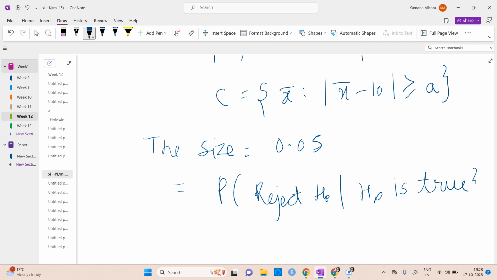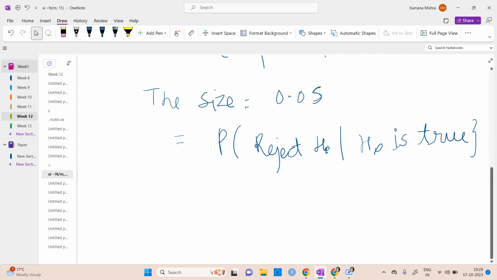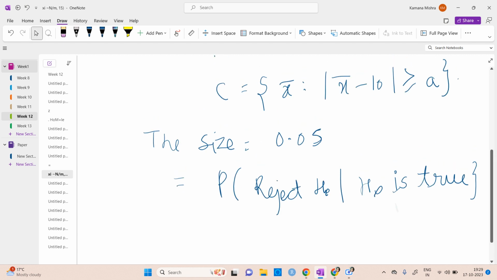So this is alpha, and then you have beta, where we accept H naught when H1 is true. So there are different things. So this is equal to the probability of rejecting the null hypothesis when the null hypothesis is true.